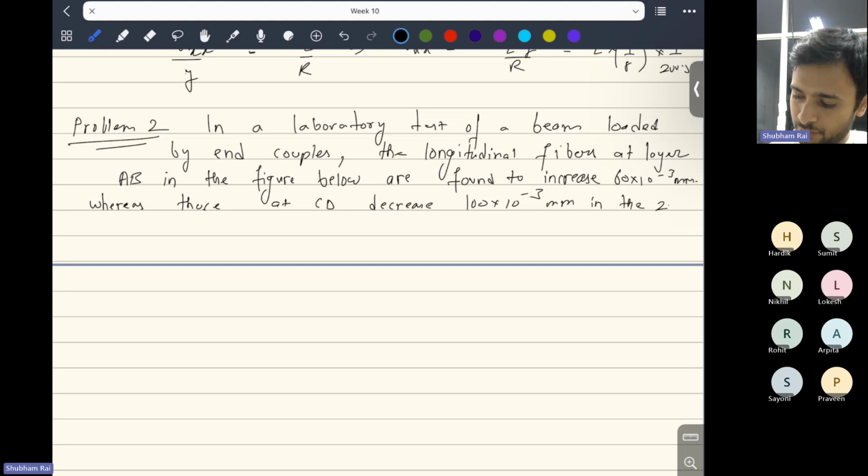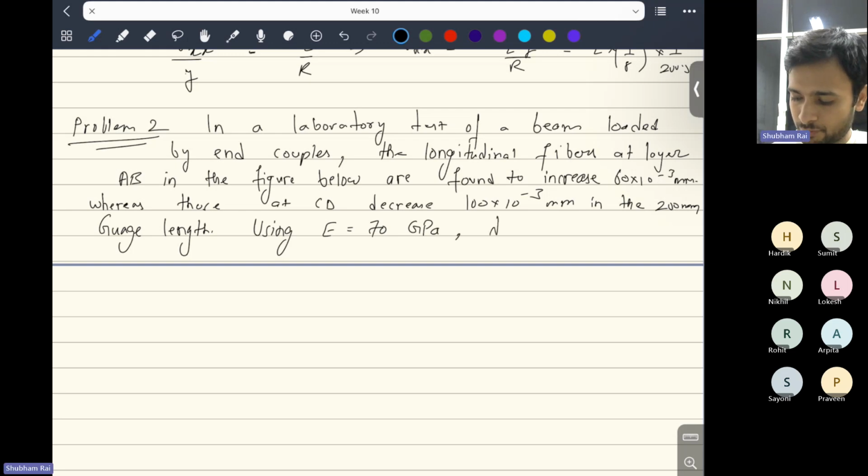The initial length was 200 mm, so 200 mm gauge length. So you have to use E is equal to 70 GPa.